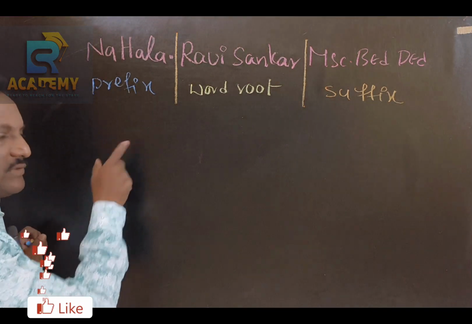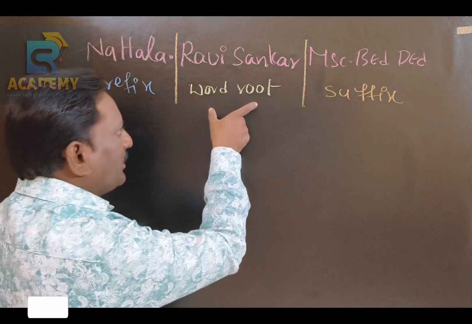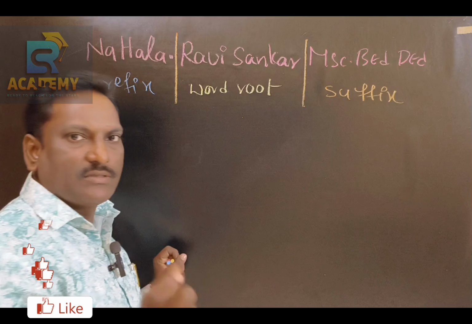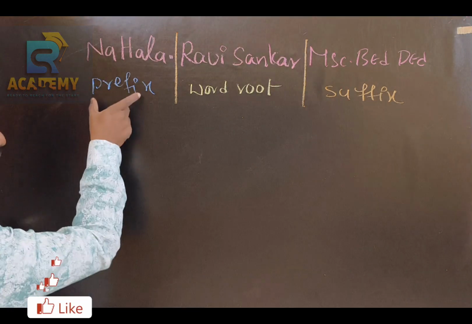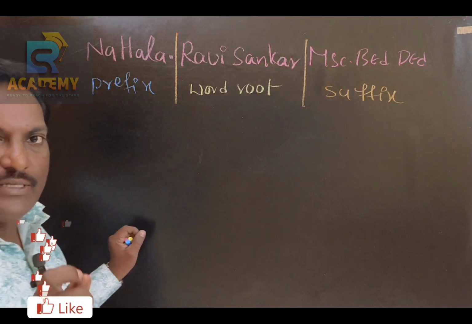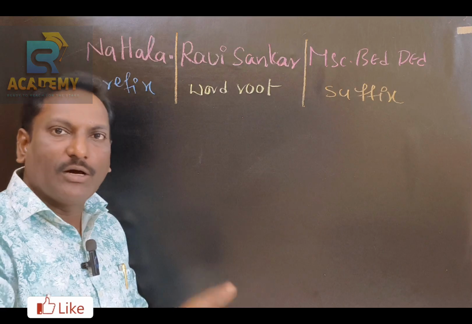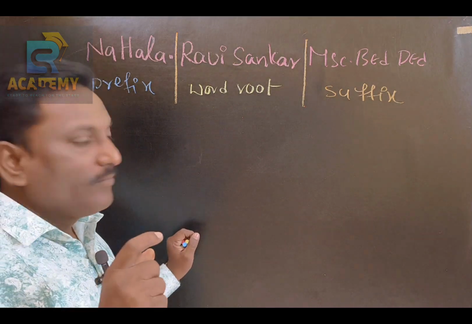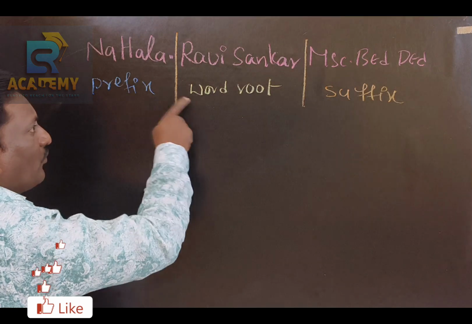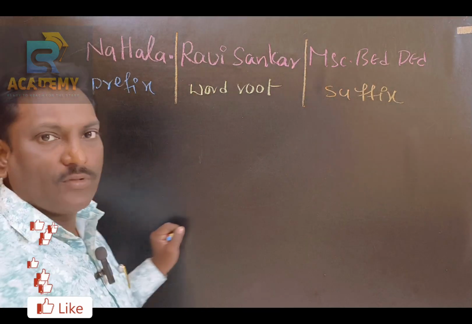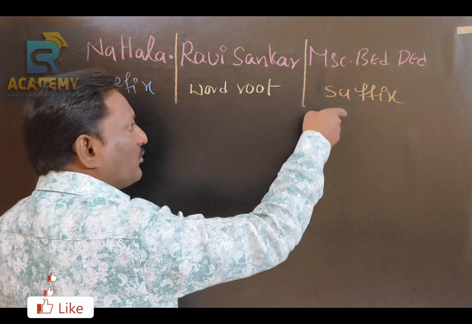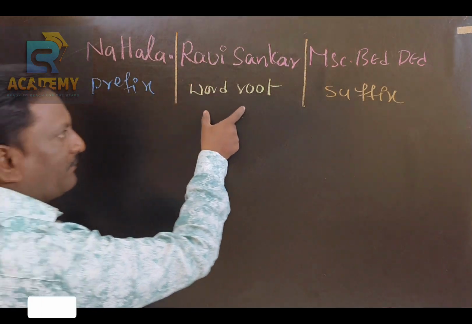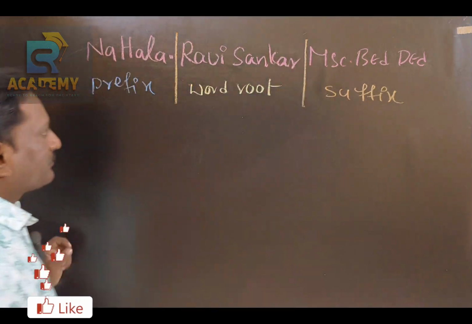Part 1 is the prefix, part 2 is the word root, and part 3 is the suffix. The prefix is the first part of the name. The prefix is followed by the word root, and the word root is followed by the suffix. First part, middle part, and last part.